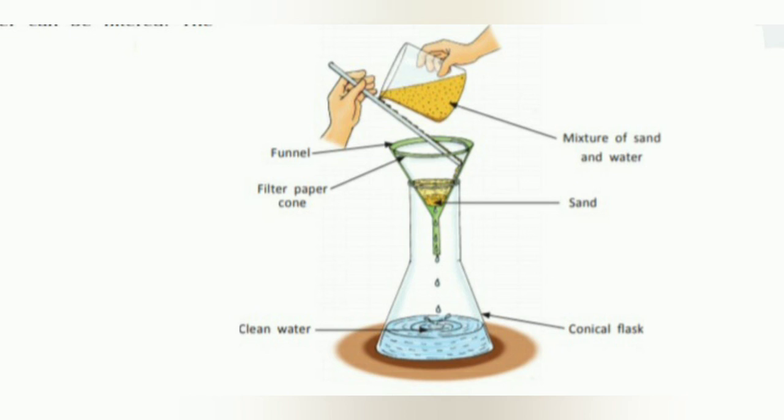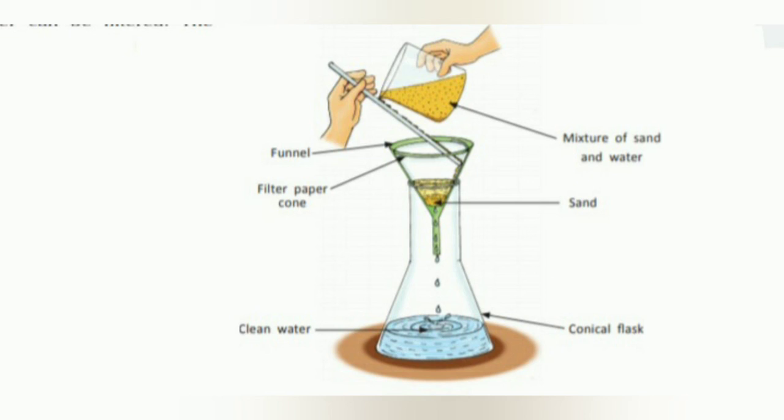Here you can see clean water. We got clean water. Impurities like sand are left on the filter paper itself. You can look at this brown part above the filter paper. These are impurities, for example sand, and here at the bottom you got clean water. So filtration is also a method to remove insoluble impurities.